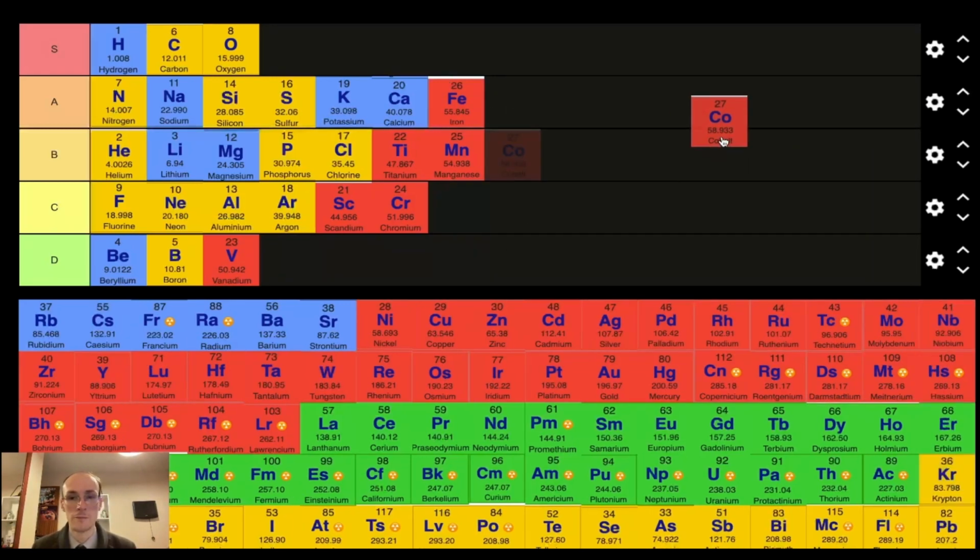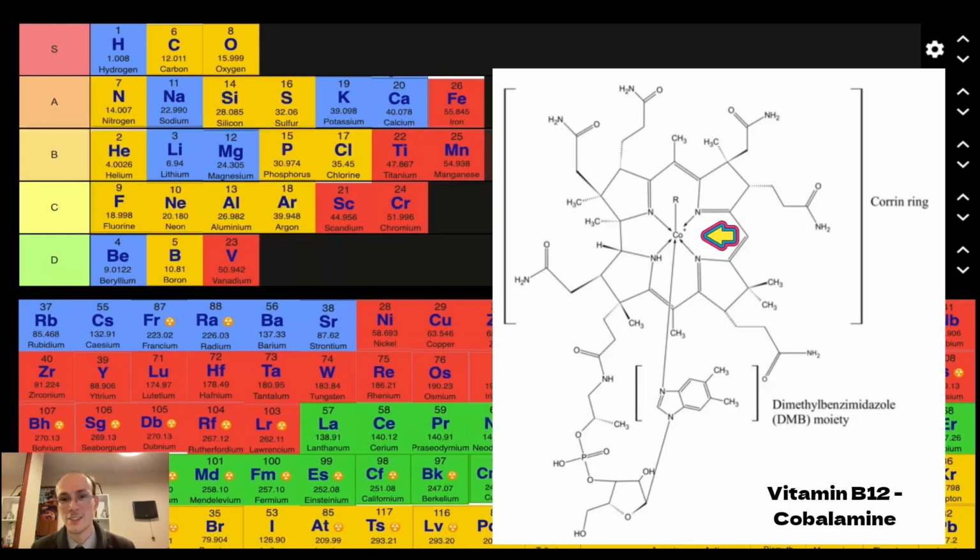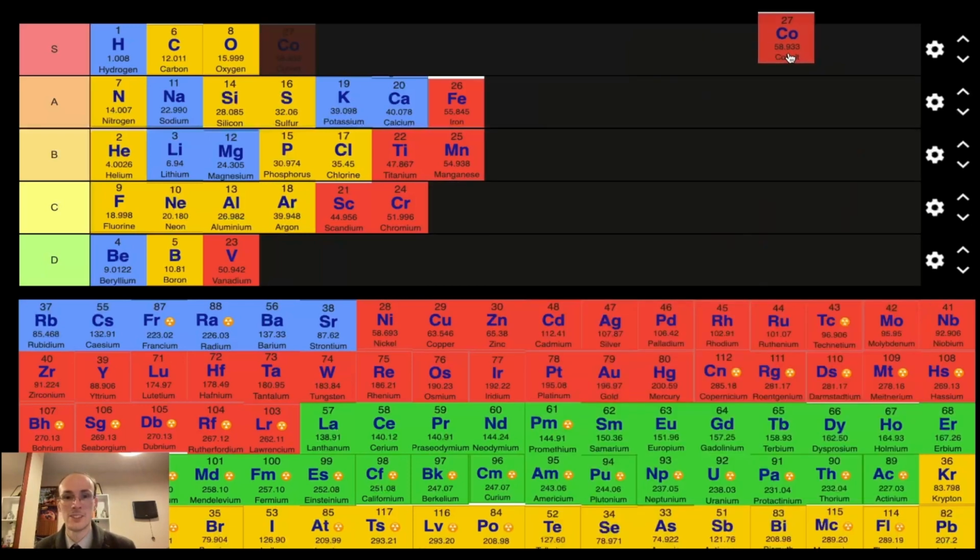Next up, cobalt, number 27. So vitamin B12, one of the essential vitamins, has got cobalt in it. And as a biologist, all things biology automatically bump an element up to the top 3 sections. Cobalt is also a useful gamma ray source, I've written here, for radiotherapy. Oh, that's right, I remember that.